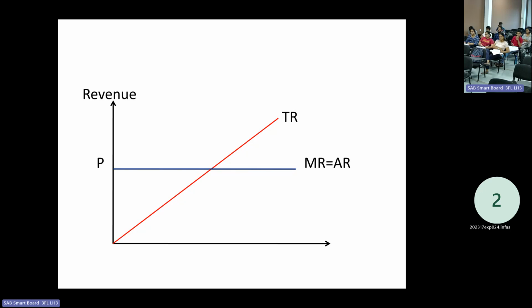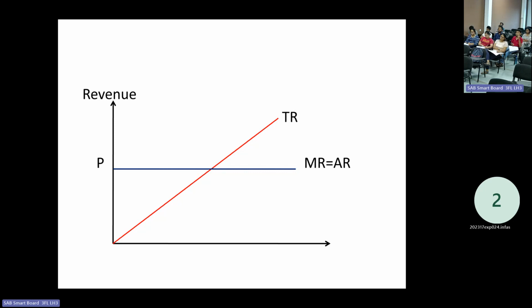Therefore, the total revenue curve is linear. At the given price the firm can sell different quantities, and the price is fixed. So price equals average revenue, and that in turn equals marginal revenue here.